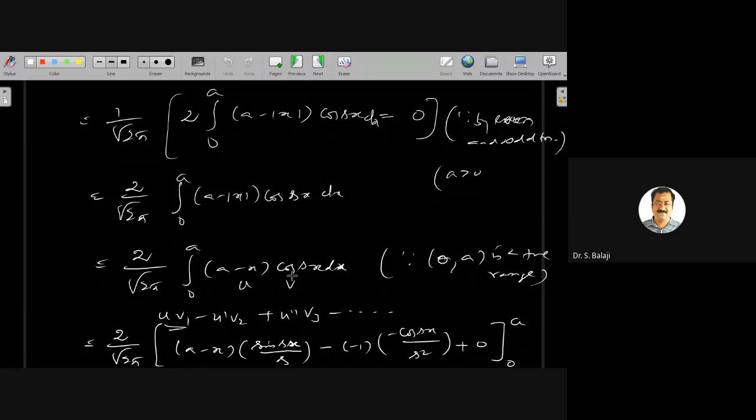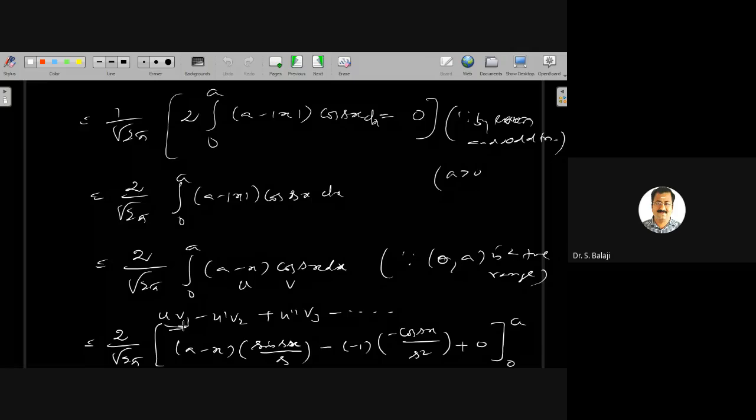Now you have to integrate. For the integration of a product of two functions, you can apply Bernoulli's formula easily. Instead of integration by parts, Bernoulli's formula is somewhat easy. You take u as always the algebraic polynomial.